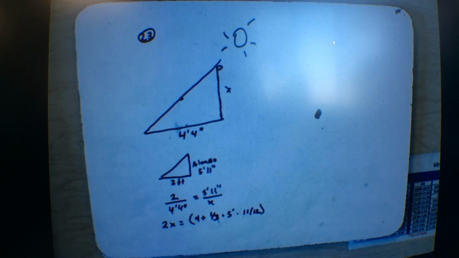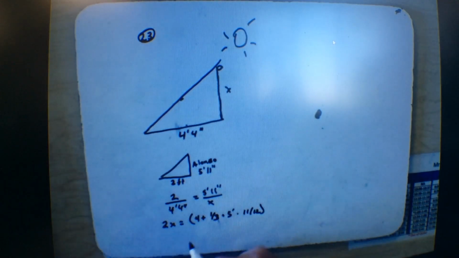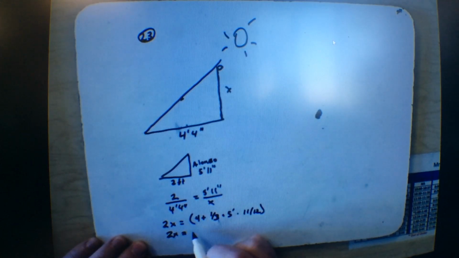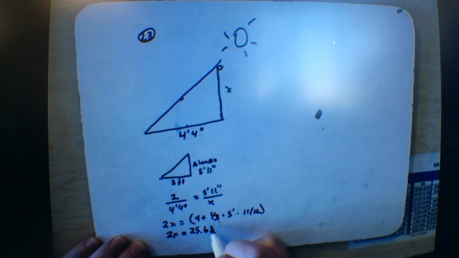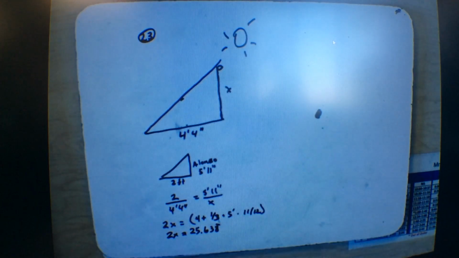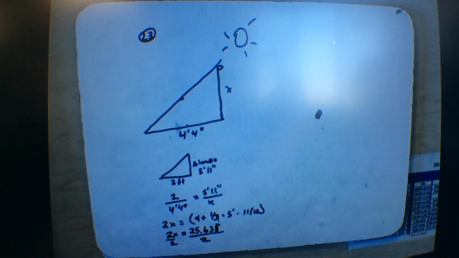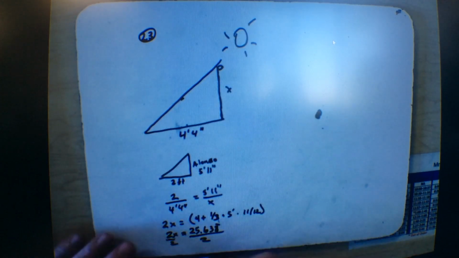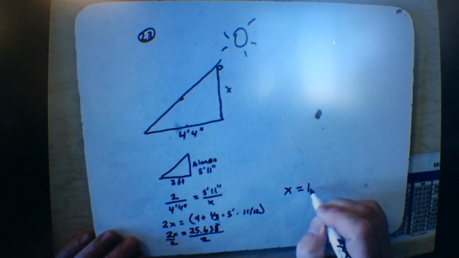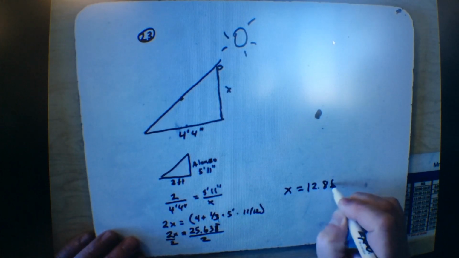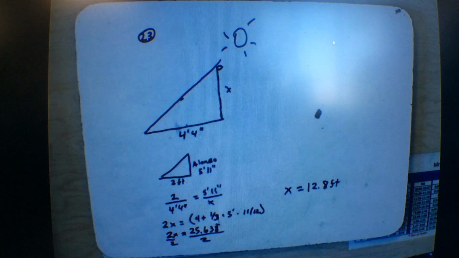Trying to do this so we don't have to. Okay, so that is 2x equals 25.638 with a line above the 8, and if we divide that by 2, we get x equals 12.8 feet. So the basket is 12.8 feet, not regulation, but that's how long we do that.